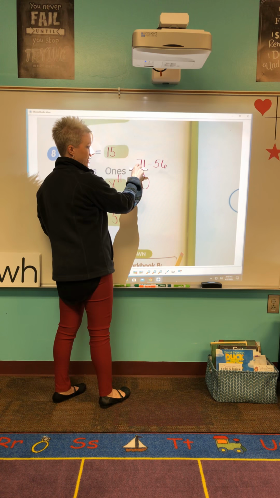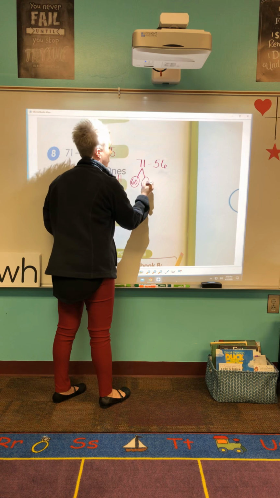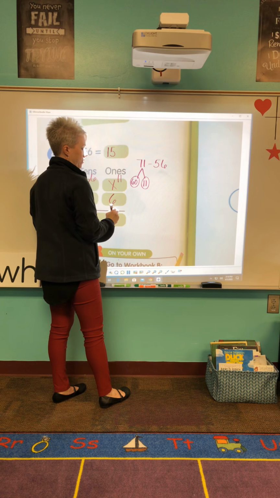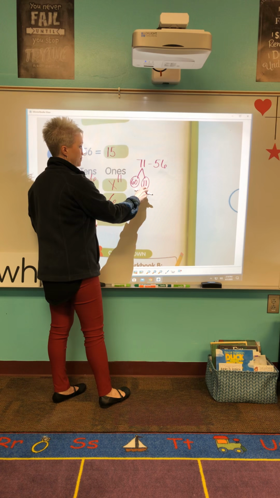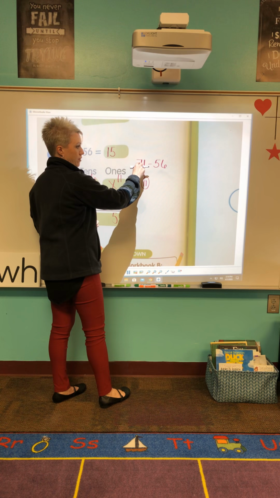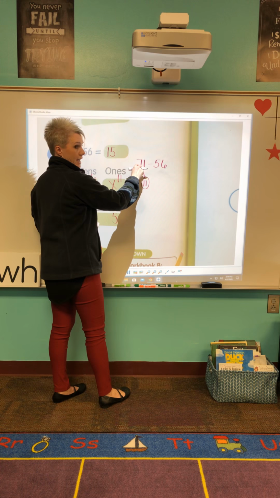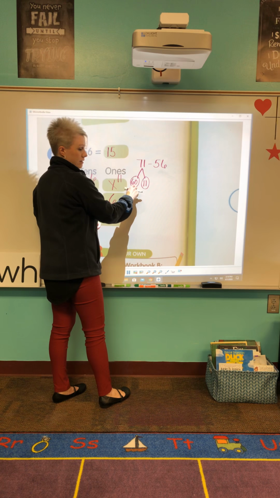Now, I borrowed a 10 from the 7 and added it to my 1. So, 10 plus 1 more is 11. Okay? 60 plus 11 gives me 71. So I borrowed a 10 from my 7 tens and gave it to my 1 and got 11. That gave me 60, 6 tens left, which is 60.